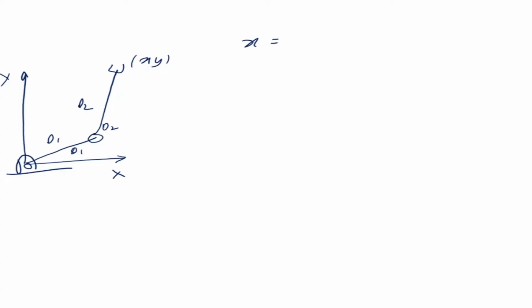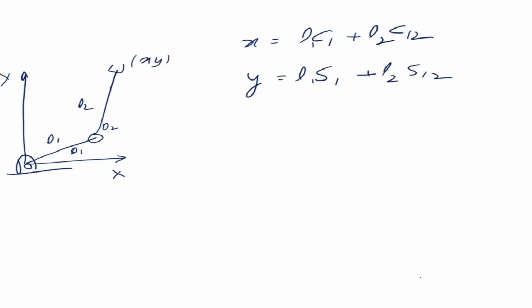This is my x-axis, that's my y-axis. This is L1, L2, theta 1 and theta 2. This is x, y. As I wrote earlier, x is equal to L1 cos theta 1 plus L2 cos (theta 1 plus theta 2). y is equal to L1 sin theta 1 plus L2 sin (theta 1 plus theta 2).